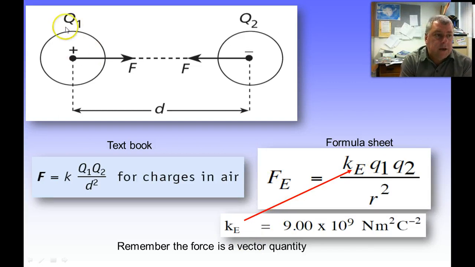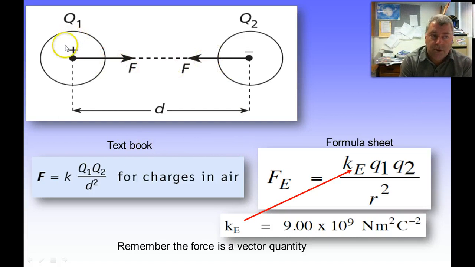So here's this diagram. Q1 is a charge represented by a point. Can be a sphere, but we still represent it as a point, much like we did with gravity and mass. And Q2, and d, or r in this case, not the radius, but the distance between those point charges, and each of them will experience an equal but opposite force.